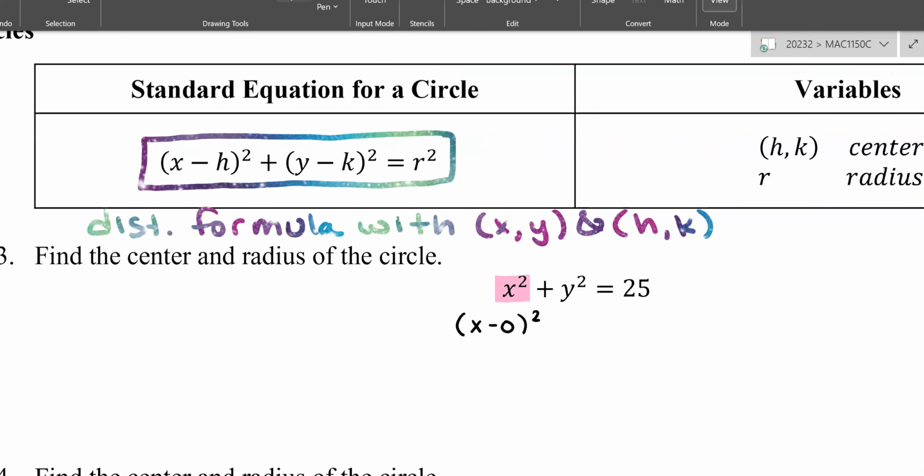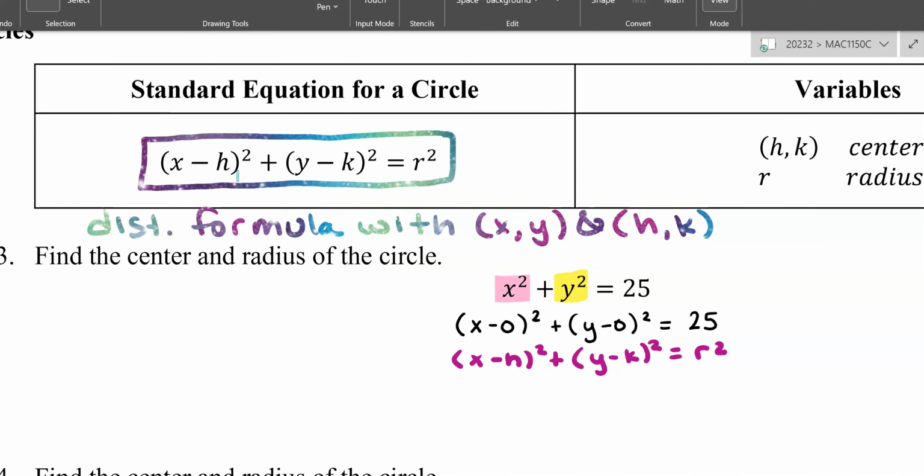And then similarly, instead of writing y squared, I'm going to write it as y minus 0 squared. And that's equal to 25. So now, what I did was I lined this up with the formula for a circle, which again, you do have to memorize.